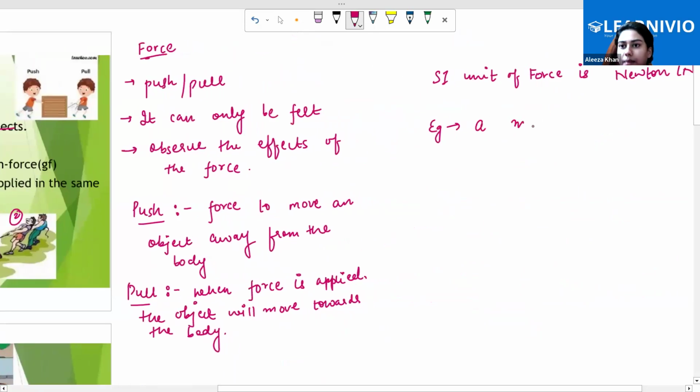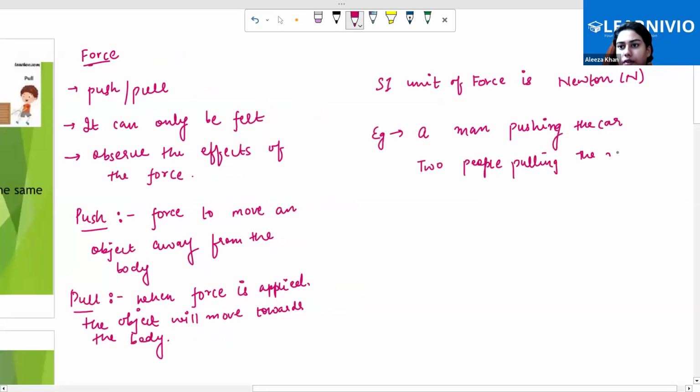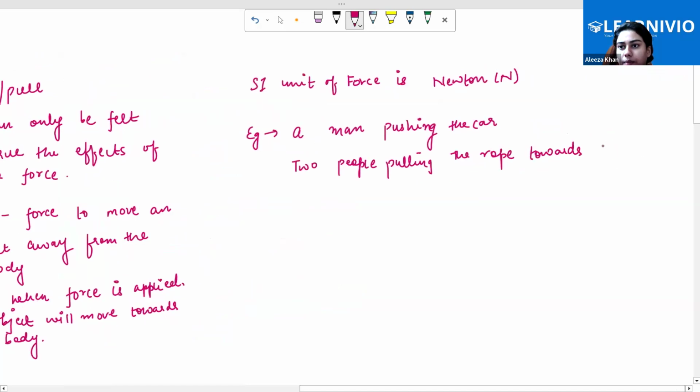You can write an example: a man pushing the car, or two people pulling the rope towards them. Understood? All these points are clear to you or not, dear?